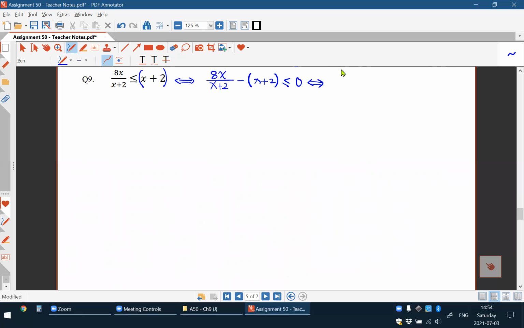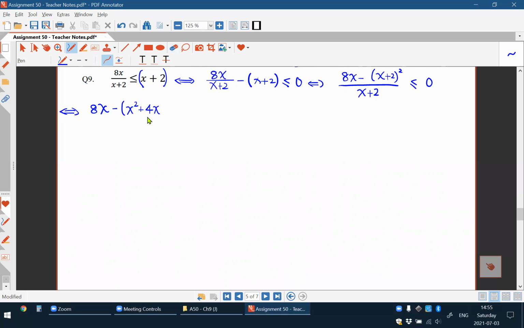Okay, and then rewrite the expression using the common denominator, which is x plus 2. So we have (8x minus (x plus 2) squared) over (x plus 2), smaller than or equal to 0. Okay, and the numerator is 8x minus (x squared plus 4x plus 4).